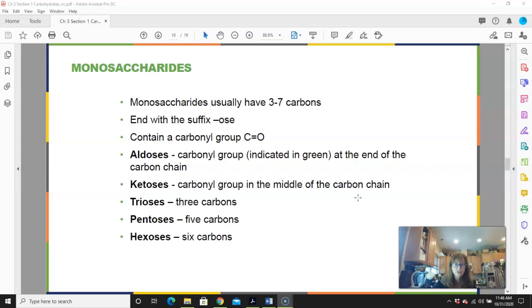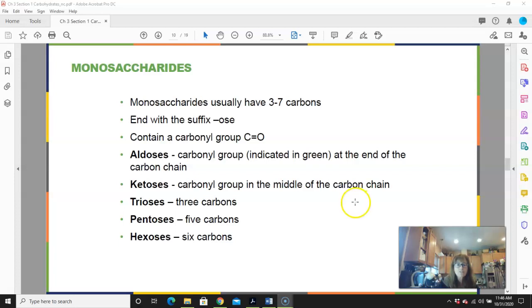Go back and look at your little chart on this if you don't remember that. That's a good idea. So that ketone carbonyl group on a sugar will make that sugar a ketose sugar. Remember, OSE means sugar.